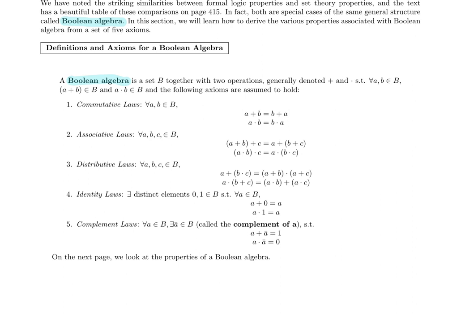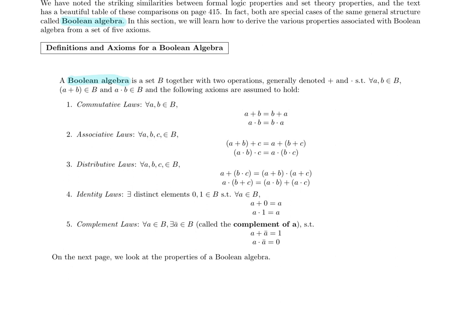The same can be said if we switch around the multiplication and addition. A times the quantity B plus C is the same as A times B plus A times C, or A and, in parentheses, B or C is the same as A and B, or A and C.